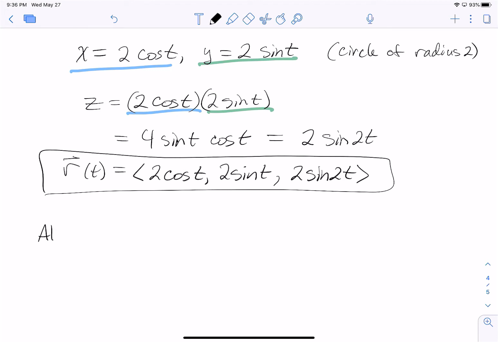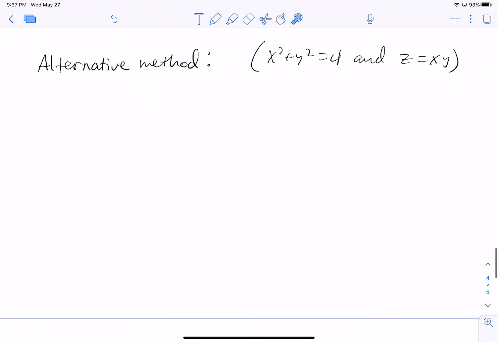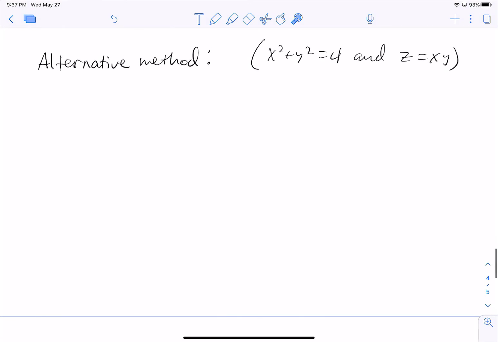Now, that's not the only way to do it. We can look at an alternative method, and I've rewritten our surfaces just to have them in front of us. For the alternative method, sometimes it's useful to say let x equal t. Let one of the variables be our parameter.